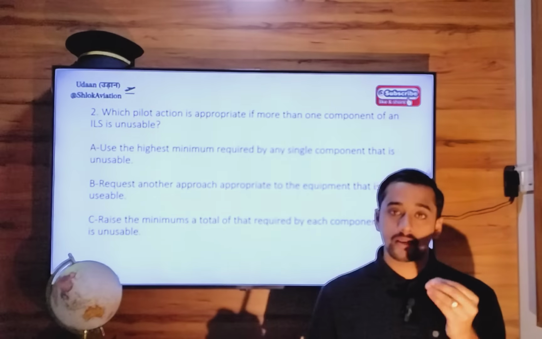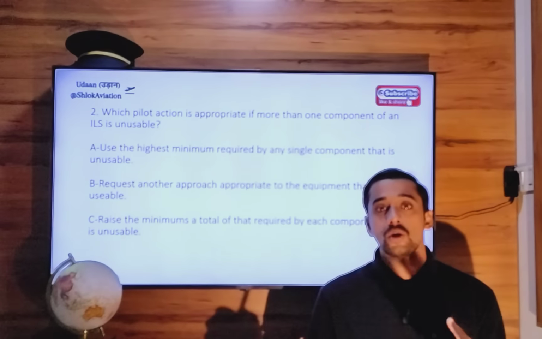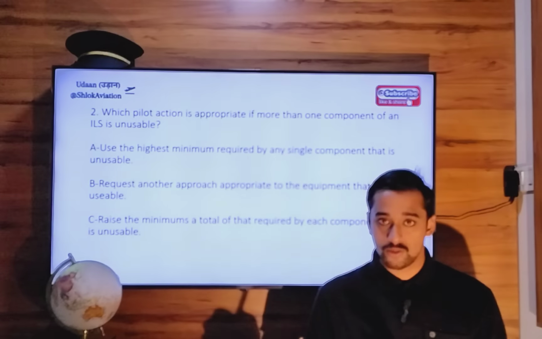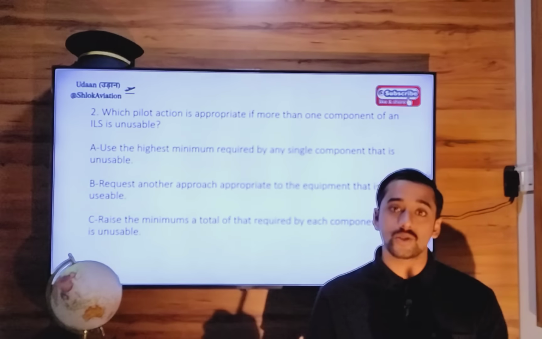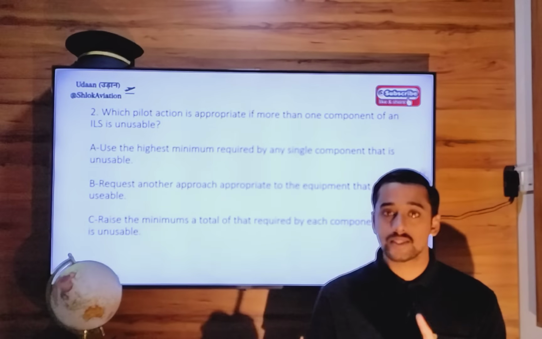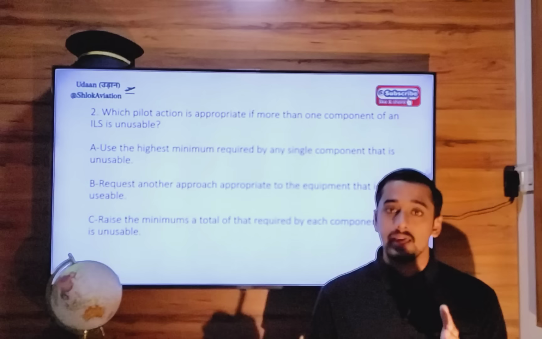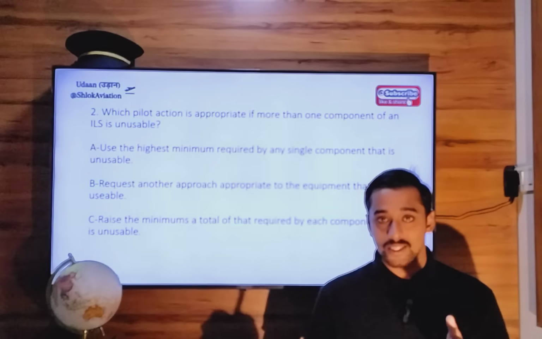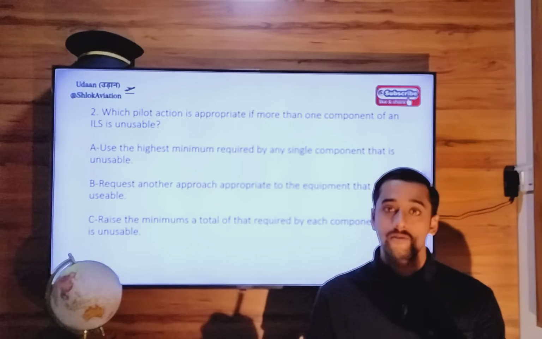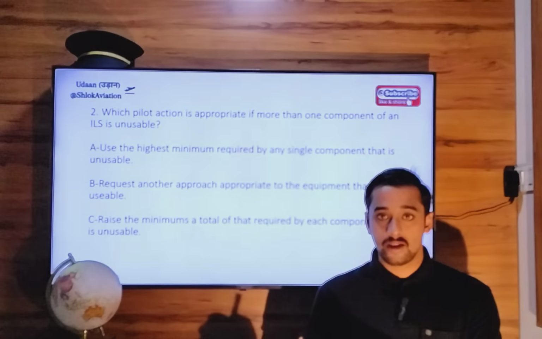The goal of an ILS approach is to get the aeroplane down to minimums as close to the runway as possible. If any component that makes up the whole ILS system is inoperative, then the minimums will have to be increased. Your aeroplane will not be able to descend as close to the ground and the runway as possible.